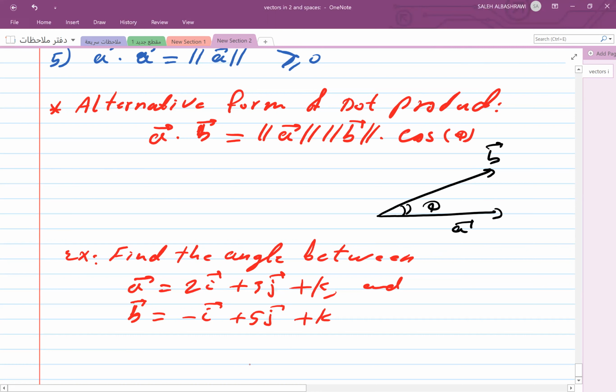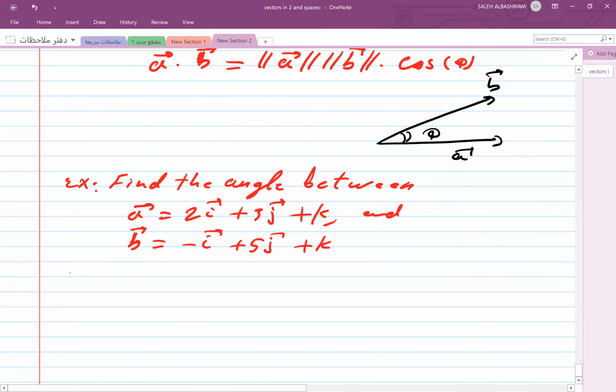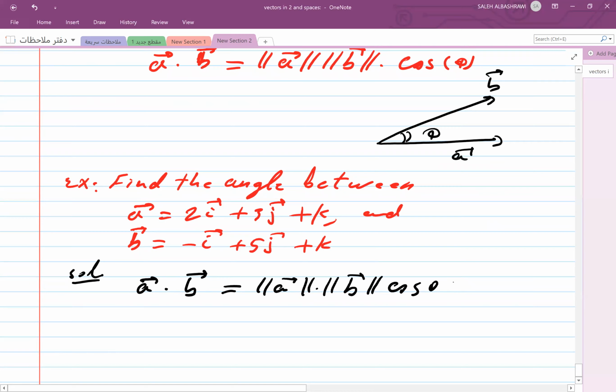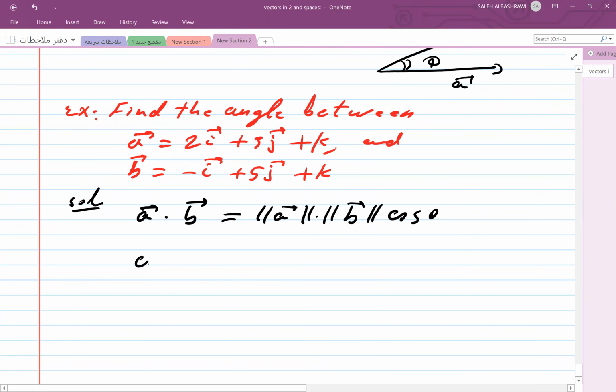We need to find the angle between these two vectors. So first of all, using the formula, A dot B equal to magnitude of A, magnitude of B multiplied by cosine theta, or cosine theta equal to A dot B divided by magnitude of A and magnitude of B.